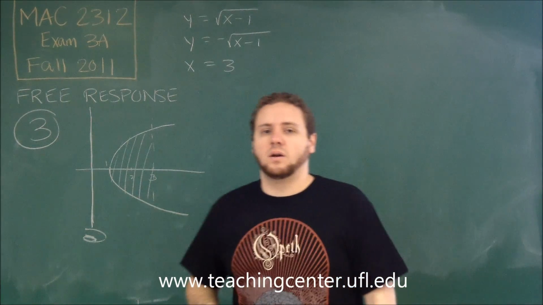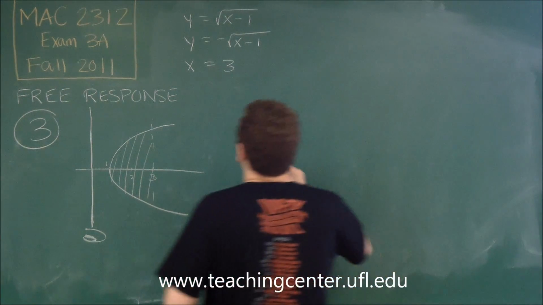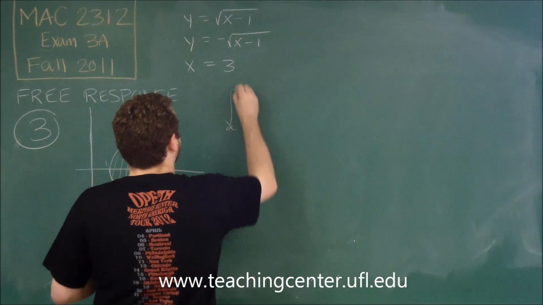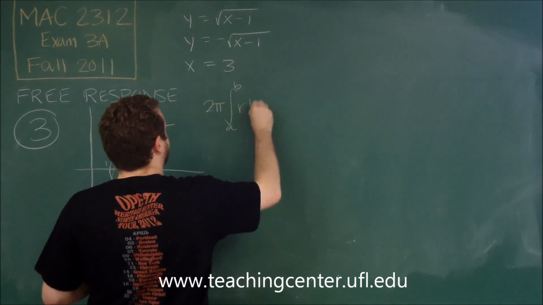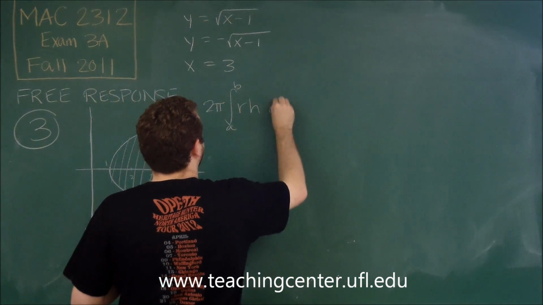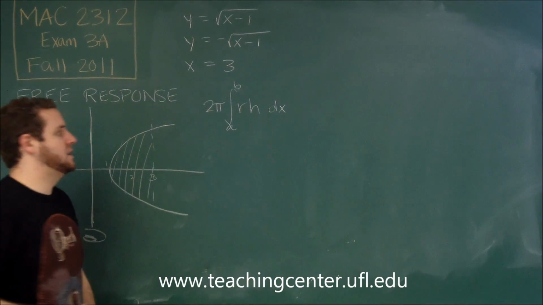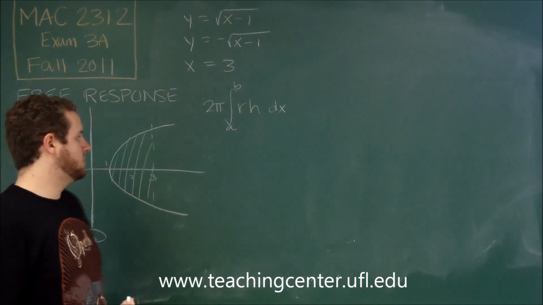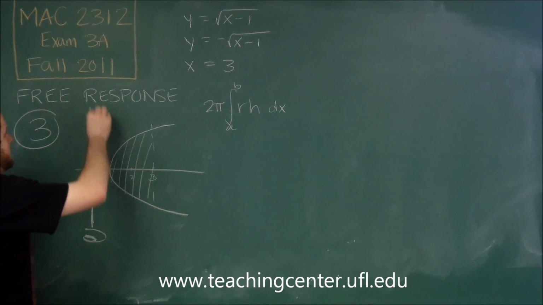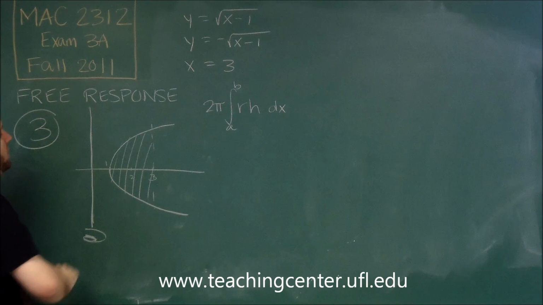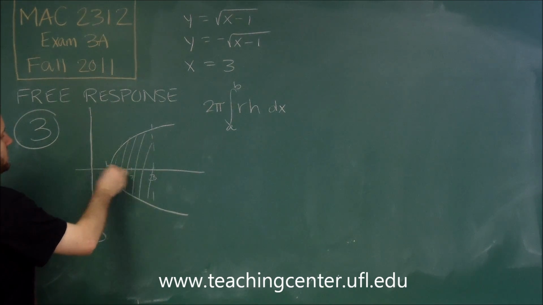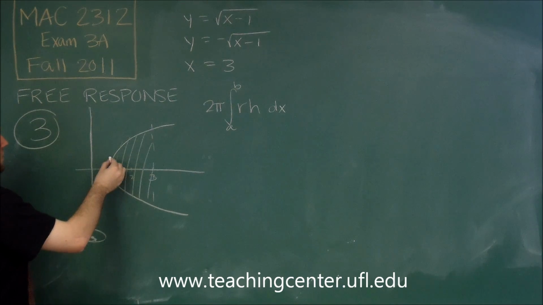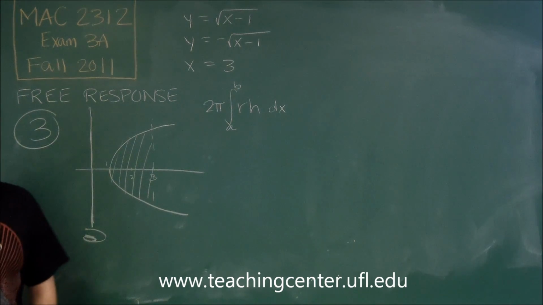So we need to figure out our formula. Remember that the cylindrical shells formula, we have from a to b, 2 pi, integrating r h, usually dx, where r and h are some functions of x. In this case, since we're rotating about the y-axis, the radius to any point that we're going to rotate around is just x.